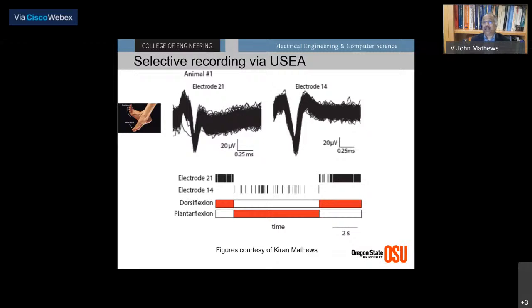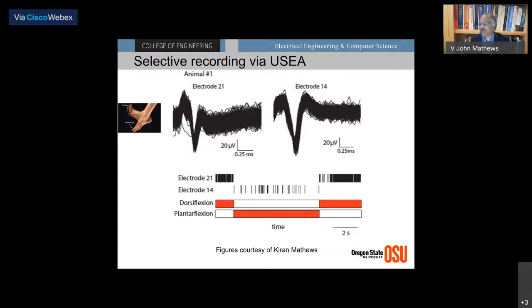Okay? Now, the selectivity is a lot more than that. In fact, she did experiments where she was poking on different parts of the body a little bit at a time, tiny pokes, okay, with the finger basically. And you could actually see that the nerve fibers that were activated were different for different locations.